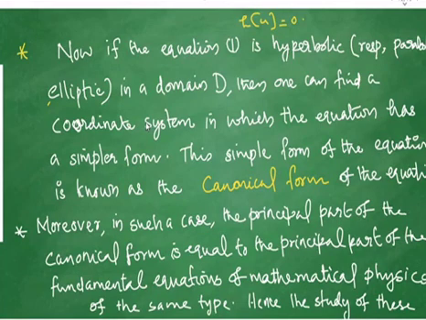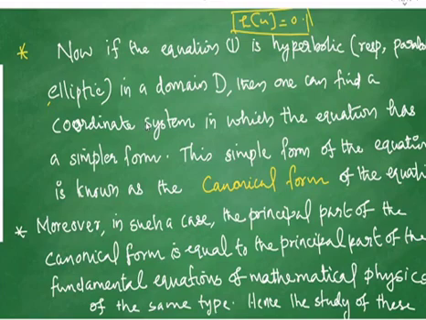So we can change the equation into another coordinate system in which the equation has a simpler form. If the given equation is in a very complex form, we can convert it into another coordinate system without altering its type. This is possible by that lemma.